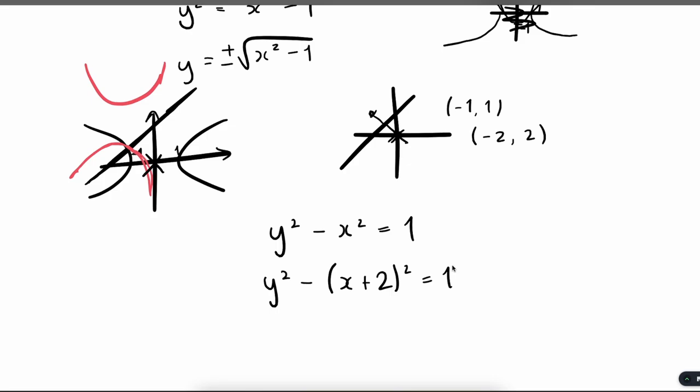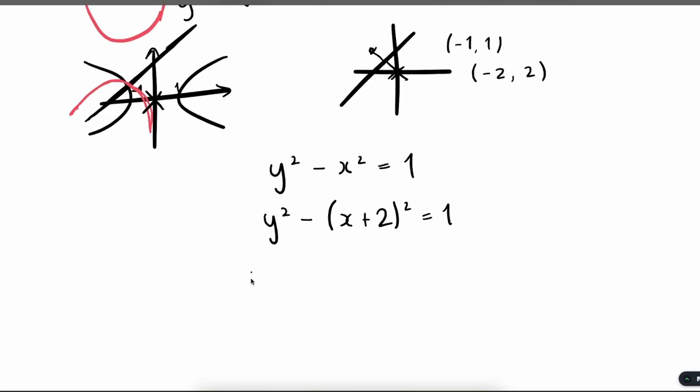And then we also want to move the y up by 2, but remember, when you put it inside the bracket, it actually does the opposite of what you expect, so we need to make it a minus, like that. And that is the answer to our question, okay? y minus 2 all squared minus x plus 2 all squared equals 1.